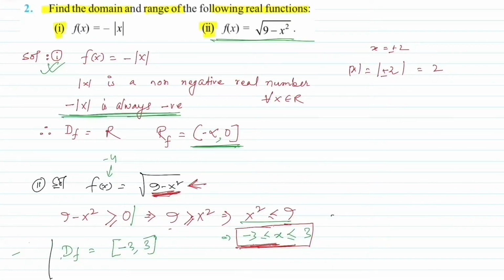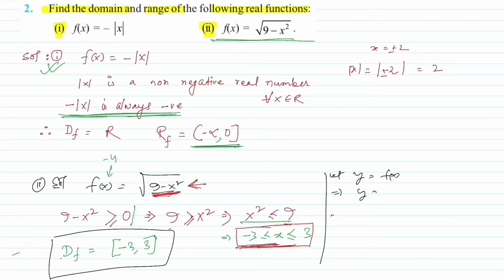Now let us find the range. We have already got the domain, so let us find the range. In order to find the range, let us consider y equal to f of x, which is equal to root over 9 minus x square. This is a positive number.